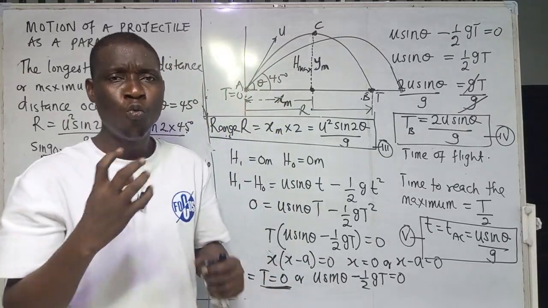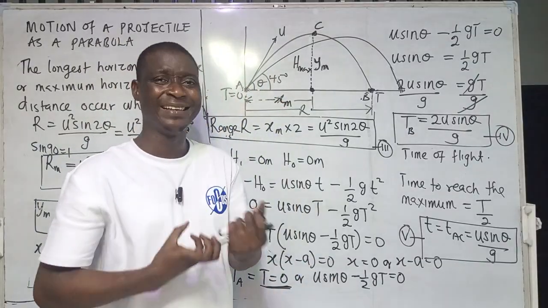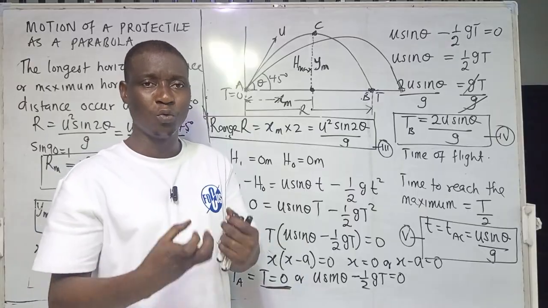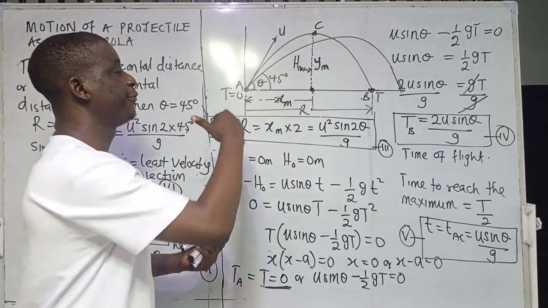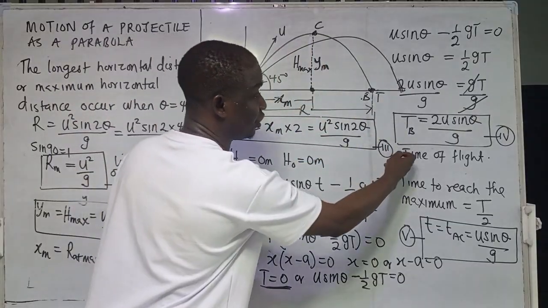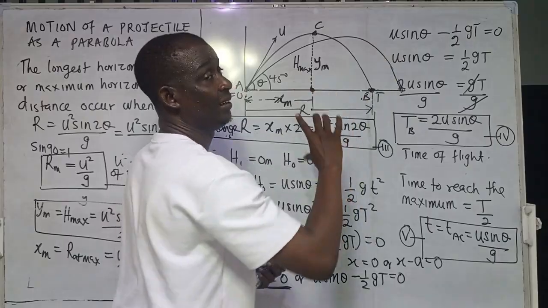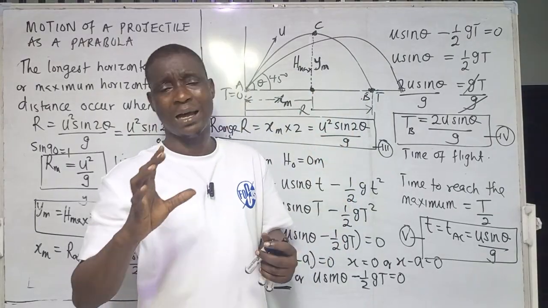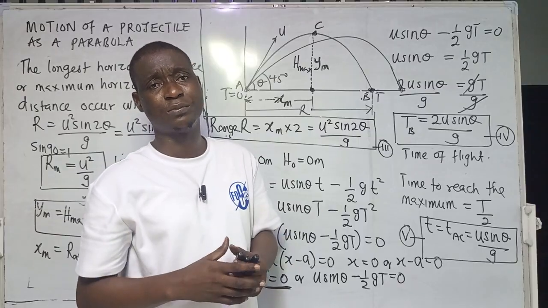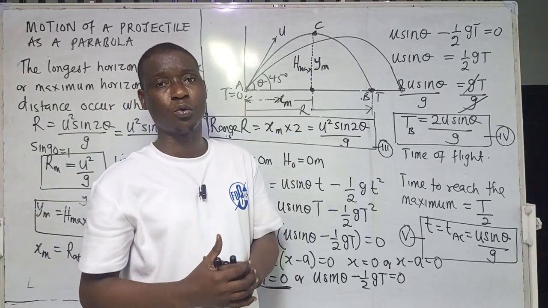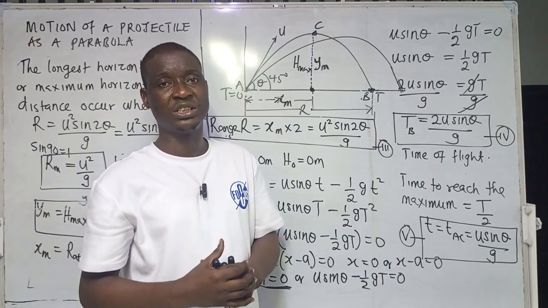But in case 2, we are going to improve a little bit, taking it from a higher height to the ground level, or projecting it from the ground level to fall on a particular height. That is what I want to look at in the second class that I want you to see again on this channel.